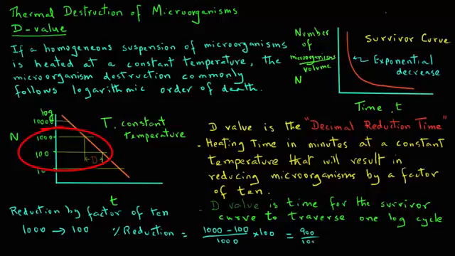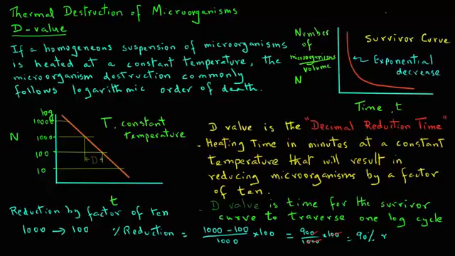We had 1,000 at the start of that log cycle, times 100, and that gives us 900 over 1,000 times 100, or 90%. So there is a 90% reduction in the number of survivors going through one log cycle. And that reduction of 90% for each log cycle will remain the same along this line.